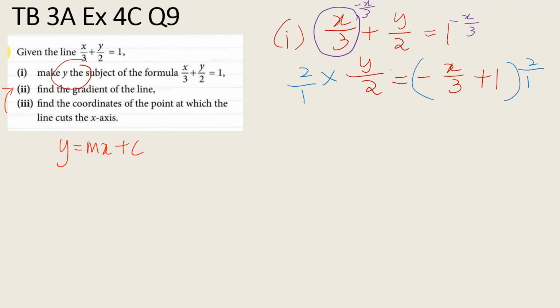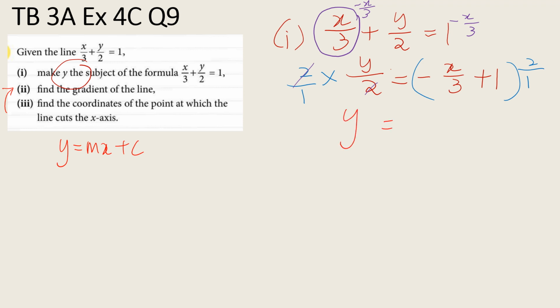Remember, because you're dealing with equations, whatever operation you carry out on the left hand side, you must also do on the right hand side. That will give you only y on the left hand side, because 2y over 2 will just be y. So what you're left with is only y on the left hand side.